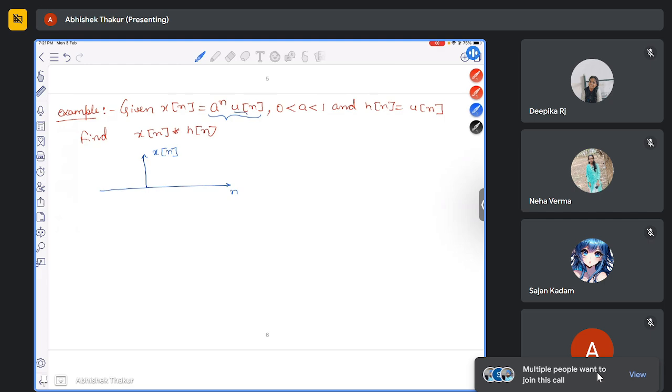The first thing from u[n] we can derive is that for all negative values of n, the signal will be 0.